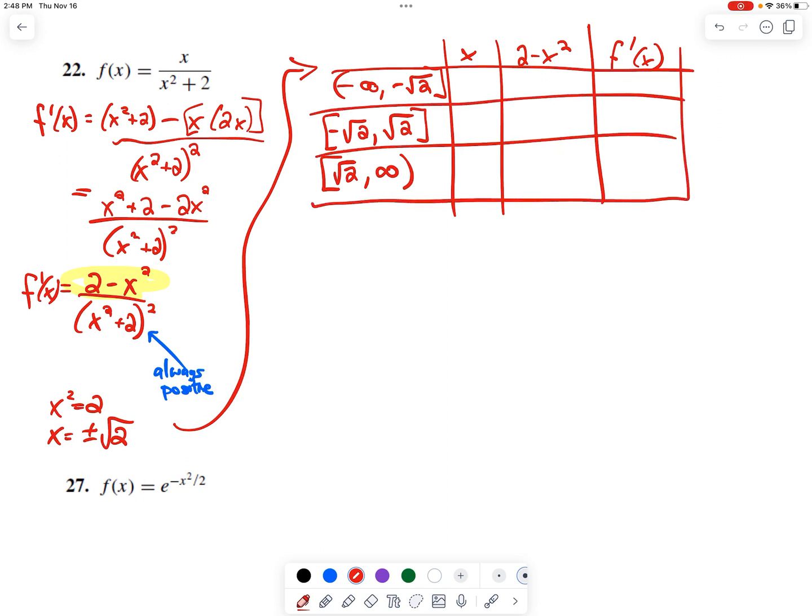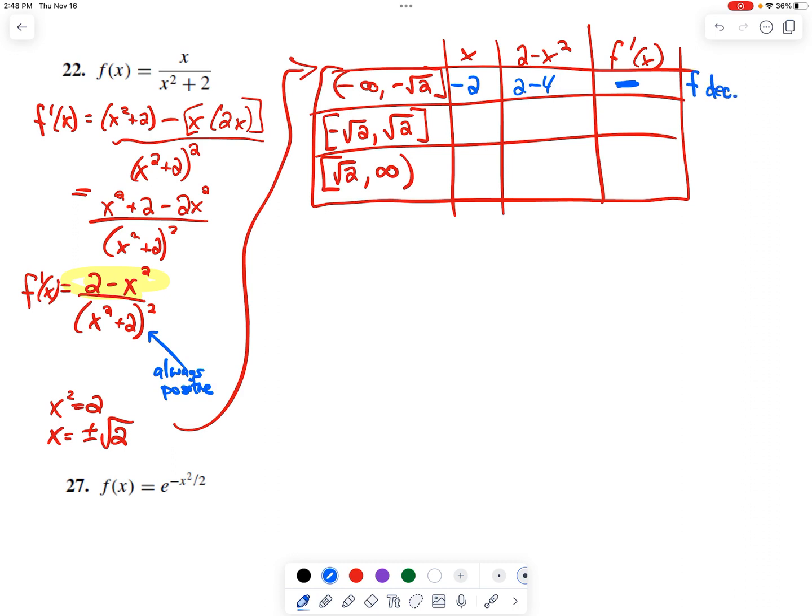The square root of 2 is more than 1 but less than 2. It's like 1.41. So I'll try a number like negative 2 from the interval from negative infinity to negative radical 2. When I put that in for x, I get 2 minus 4. That's going to be a negative value, so I know f is decreasing.